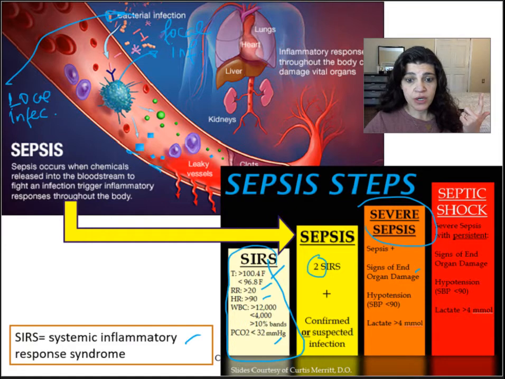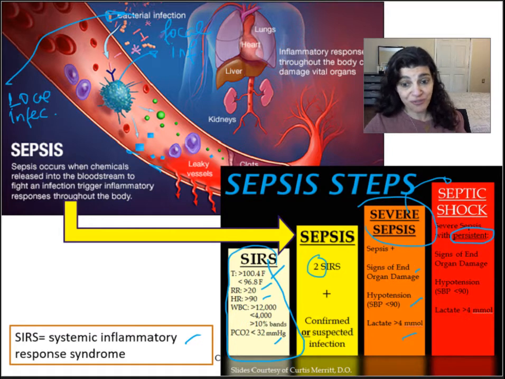At least one organ with damage, some hypotension, and then there's lactate too that I don't focus so much on, but that's another parameter that you can see. And from severe sepsis to become septic shock, you need persistency of the sepsis, signs of organ failure, even more critical and prolonged hypotension, and then septic shock can cause death, right?